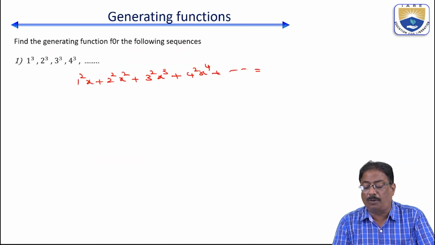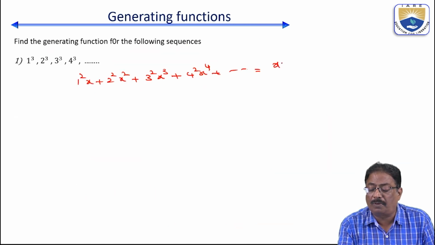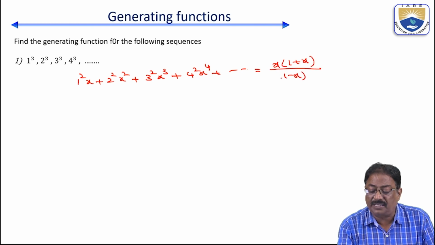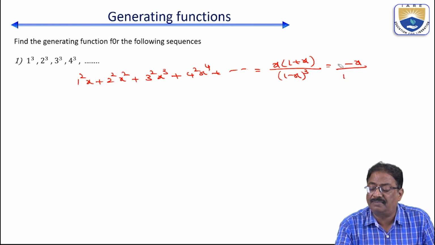It is x into (1 plus x) by (1 minus x) whole to the power of, I'm just taking it as 3. So which is equal to x plus x squared by (1 minus x), or I'm going to take it as x plus x squared, then take this to the numerator.